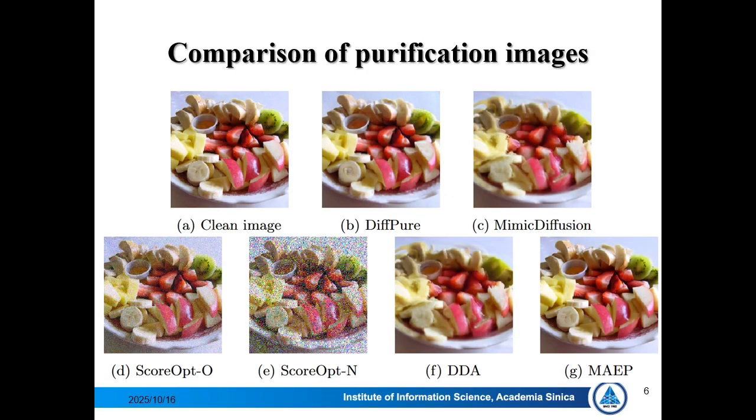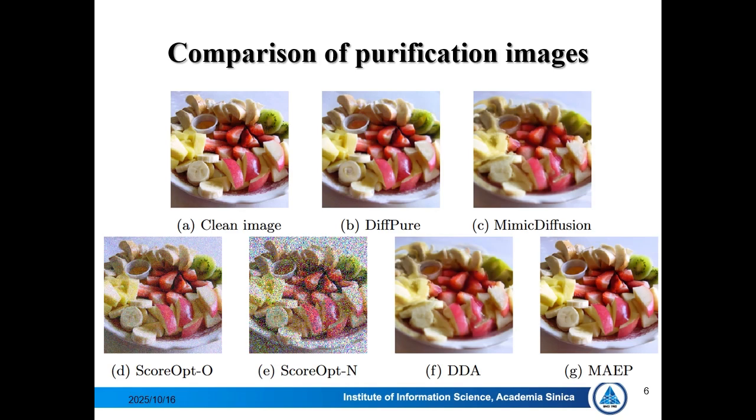Here, we present real purified images to support our findings. Diff-Pure, Mimic Diffusion, and Score-OPT are representative diffusion-based purifiers, while DDA is another diffusion model designed to restore corrupted images to their clean counterparts. As we can observe, Diff-Pure, Mimic Diffusion, and DDA noticeably alter the fine details of objects like the banana, kiwi, strawberry, and bread.